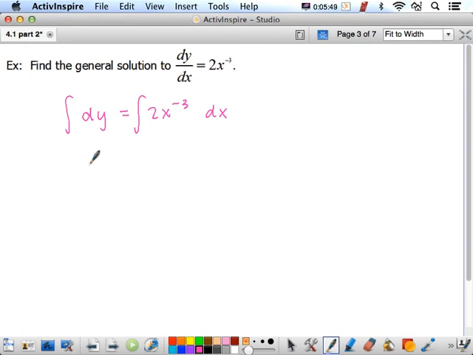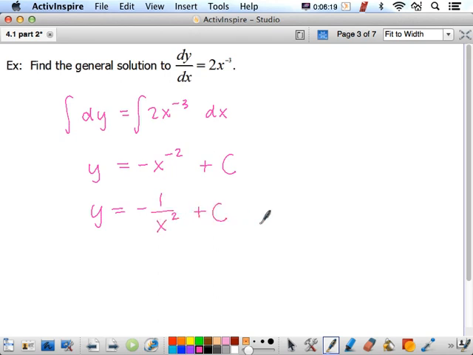This one technically would be y plus a constant, but we'll save our constant for the right side. Applying the power rule gives us 2x to the negative 2, divided by negative 2, which would be negative x to the negative 2. Plus, we put all of our possible constants over there. So y equals negative 1 over x squared plus c.